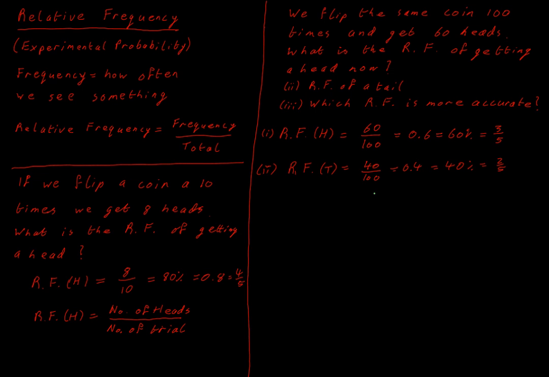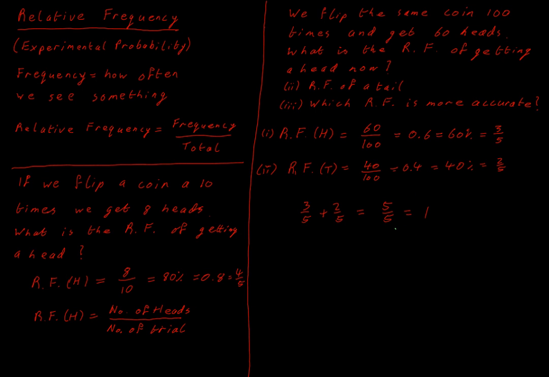Now, something to point out about our relative frequency of getting a head or a tail is that relative frequency is just an experimental probability, and if I add up the probability of getting a head plus the probability of getting a tail, I get 1. 3/5 plus 2/5 is equal to 5/5, which is equal to 1. Does that make sense?